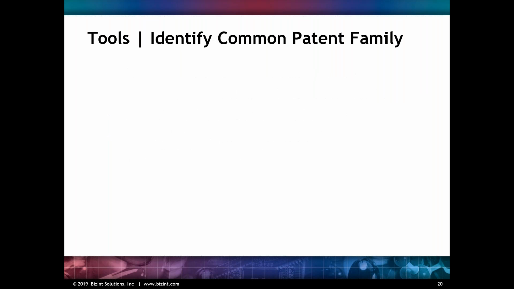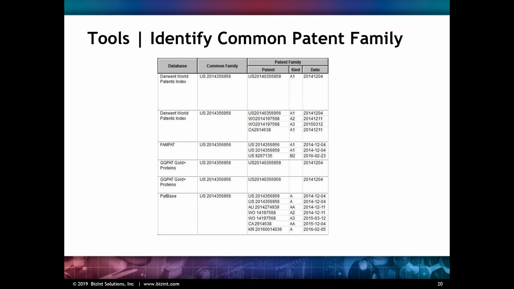So just to review, the way that the Identify Common Patent Family tool works is by reading through all of the publication numbers in the table and matching them up. So it comes through and it says, I have this 959 US application that I see from Derwent. I also see that sitting down here from Orbit. Okay, let's link those two records together.